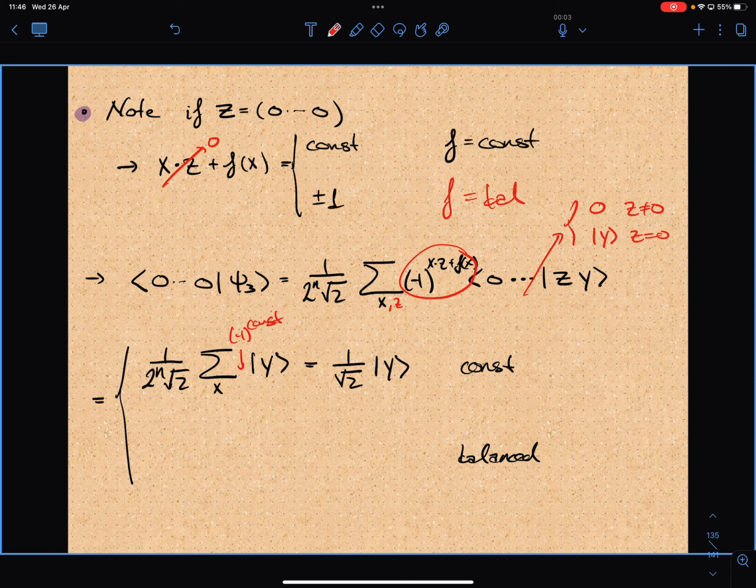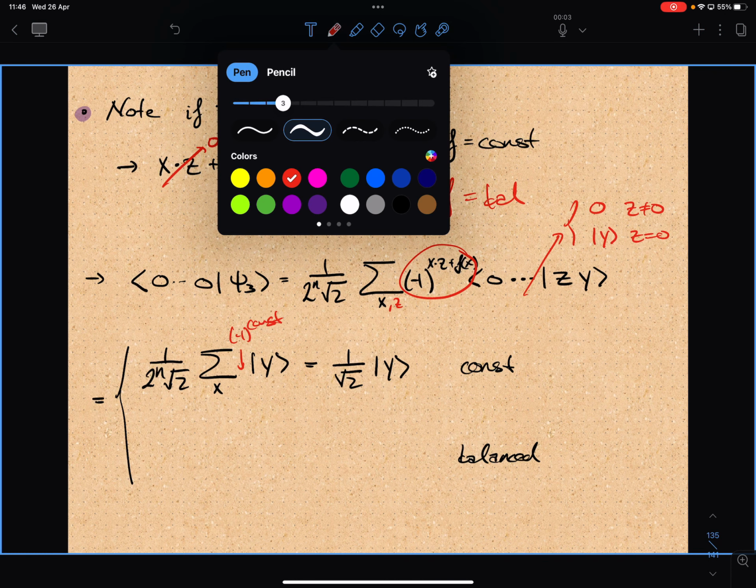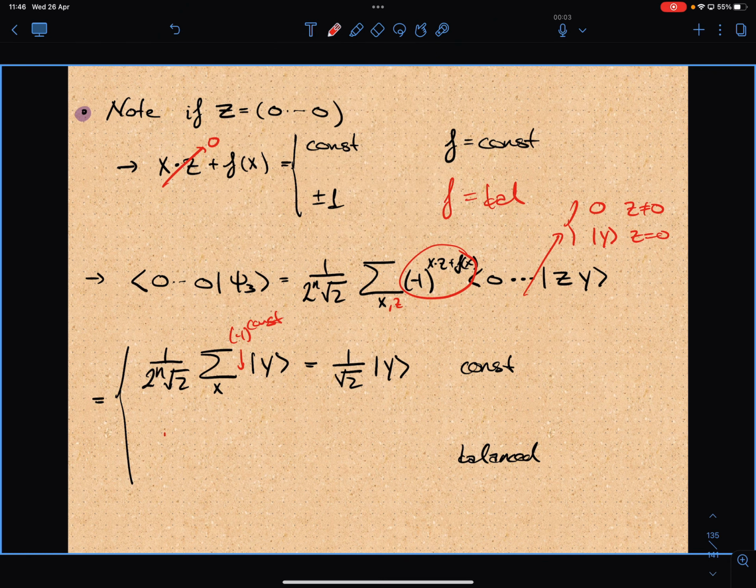So everything's going to sum up. And in the other case, 1 over 2 and square root of 2, it's going to be x minus 1 or plus or minus 1 times y, which is equal to 0.